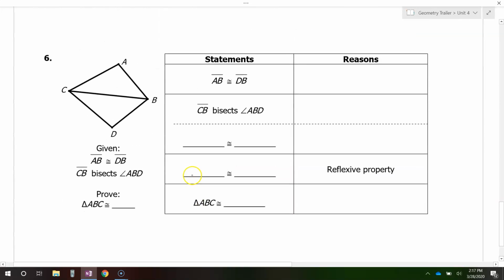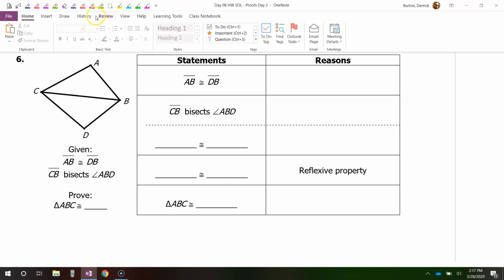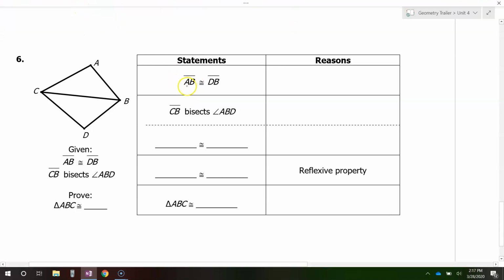All right, last one, last proof. Segment AB is congruent to segment DB. That is given. All right, let's mark it. Segment AB is congruent to segment DB.